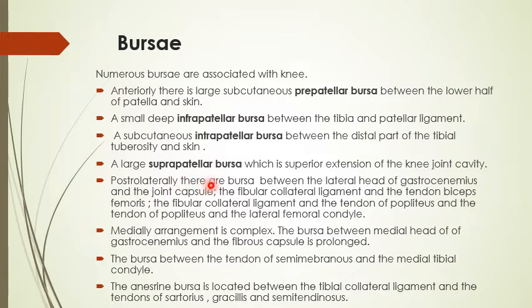Posterolaterally, there are bursae between the lateral head of gastrocnemius and the joint capsule. There are two heads of the gastrocnemius attached to the femur. Between the lateral head and the capsule a bursa is present. Then between the fibular collateral ligament and the biceps femoris tendon, then the fibular collateral ligament and the tendon of popliteus, and the tendon of popliteus and the lateral femoral condyle.